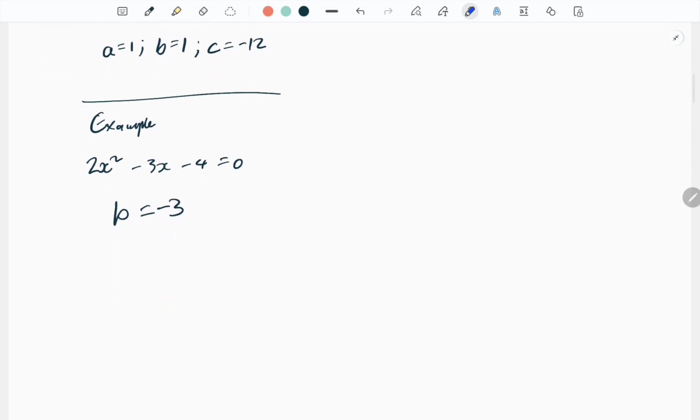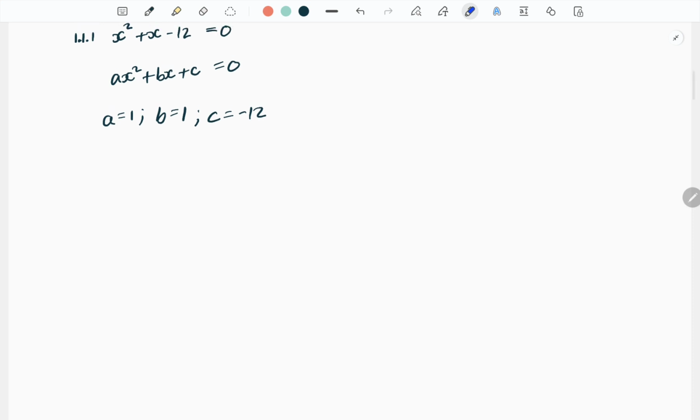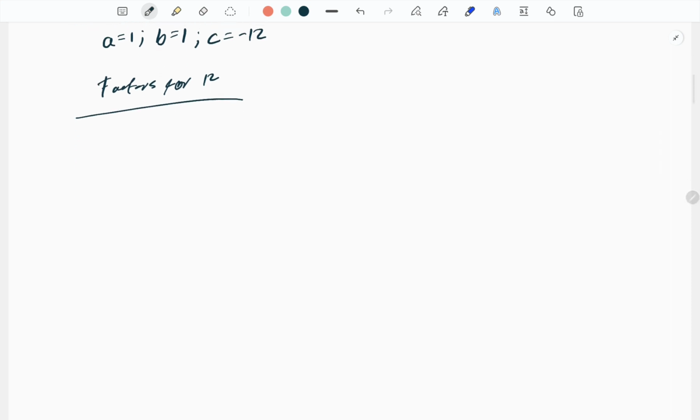All right, so now, like I said, about the factors of 12, the multiplier, and here the adder or the subtractor, therefore the value of b, which is in this case 1. Now here about the factors of 12, we go 1, and then 2, and then 3, and so on until we get the factors that are suitable.